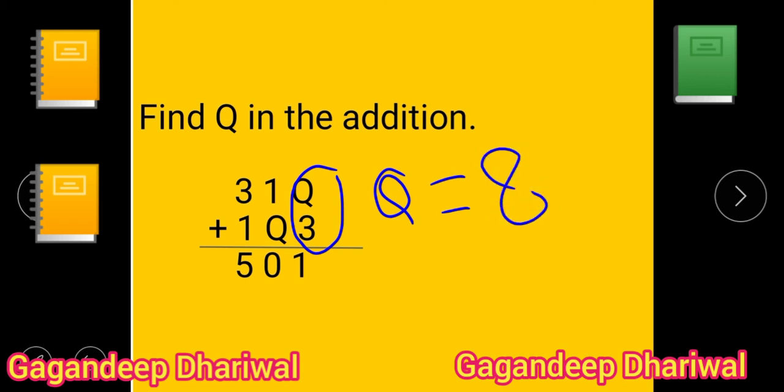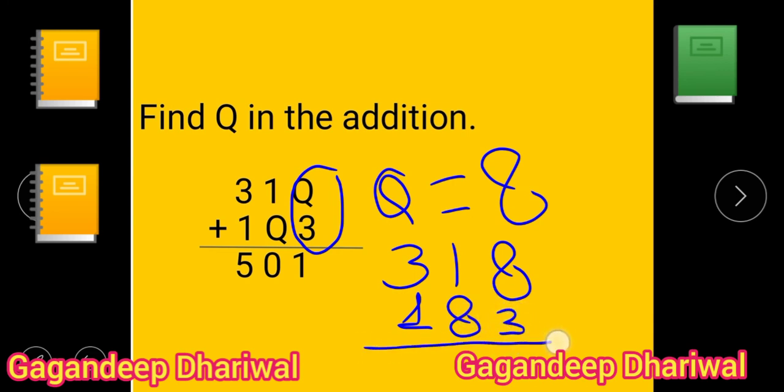Now, we can put the value. That will be 318, because in the next place there is again a Q, so 183. Now, 8 plus 1 is 9 plus 1 carry makes 10, then 1, 4 and 5.